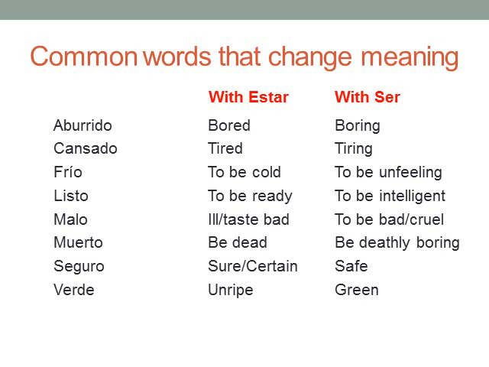There are actually a lot of common words that change meaning between ser and estar. For example, I'll go through a few of these. Aburrido with estar means to be bored, but with ser it means to be boring. Cansado means to be tired with estar, but to be tiring with ser. Verde, for example, means to be unripe when used with estar, but with ser, it means to be the color green.